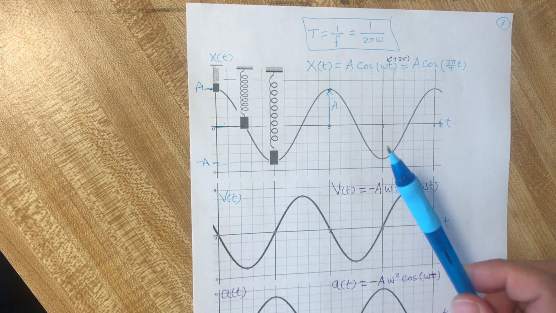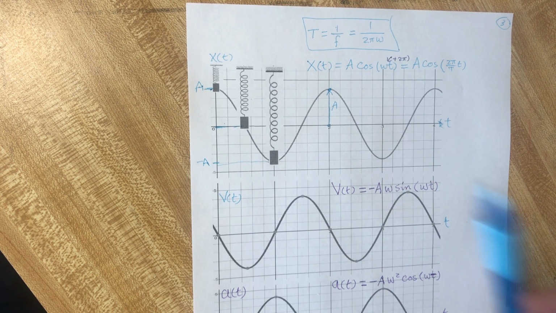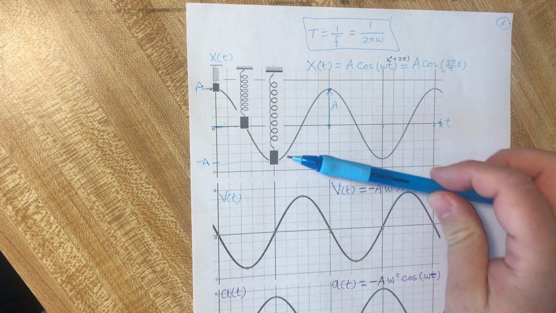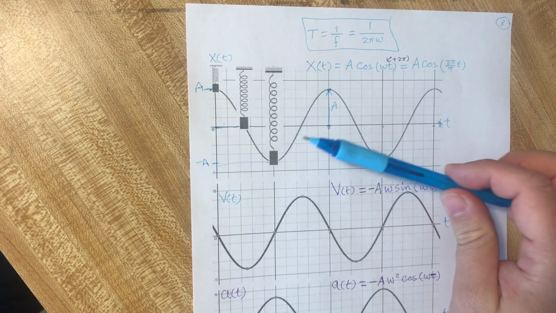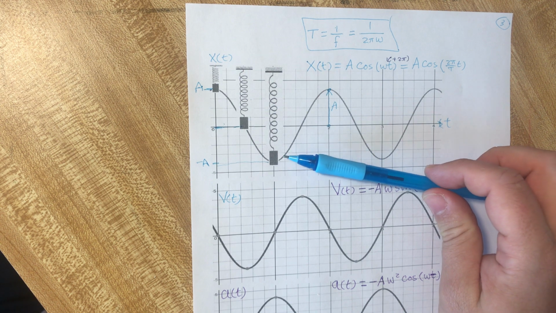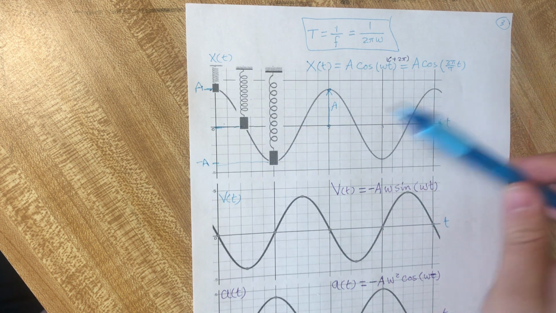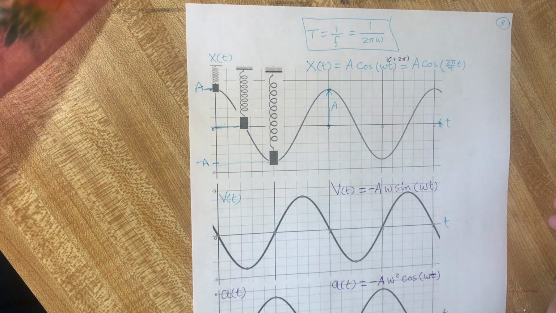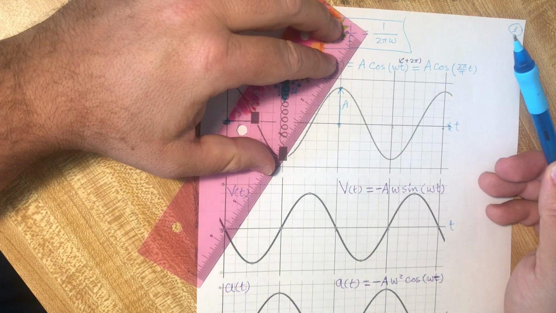Because this particle or this block is moving, this object has velocity. This is a position function. We know from before, and you see that in the lab, that the slope of the function is equal to the velocity.